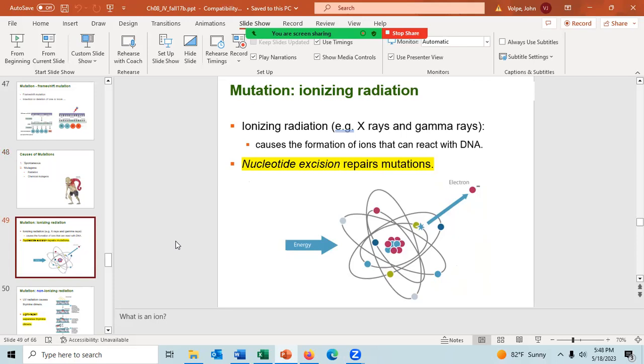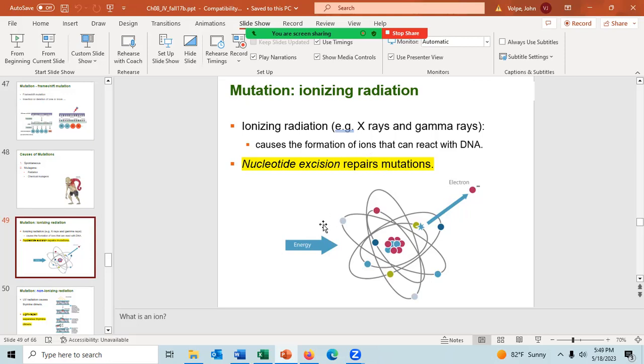There's 2 types of radiation that can mutate DNA. There's ionizing radiation. Some examples of that are X-rays and gamma rays. These forms of radiation have a lot of energy. And when they hit DNA or a molecule that would then bump into DNA, they will cause the DNA to lose an electron, and that'll cause an ion.